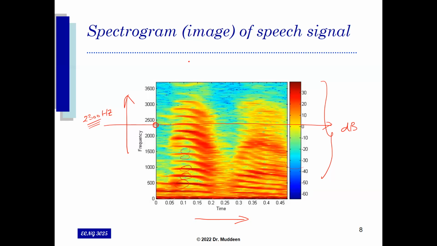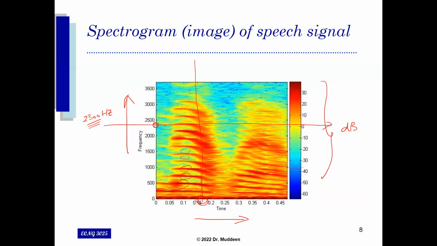If I go this way and look at a particular time, well, my line is a little crooked, but at that time I could see how the spectrum of the signal looked, with high frequency components, low frequency components, and so on.